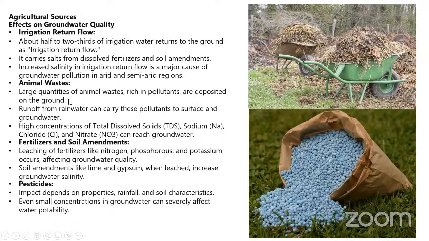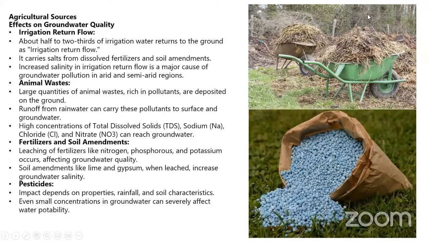Animal wastes are secondary pollutants coming from improper dumping of animal waste in urban areas, villages, or towns.